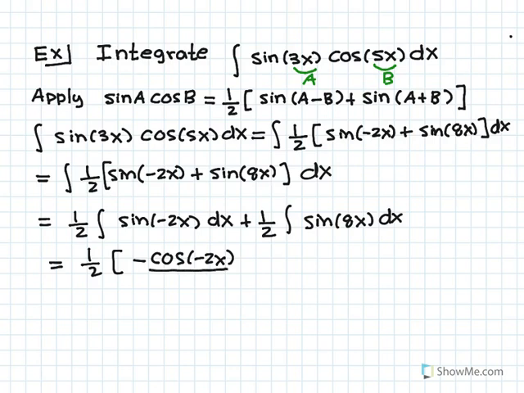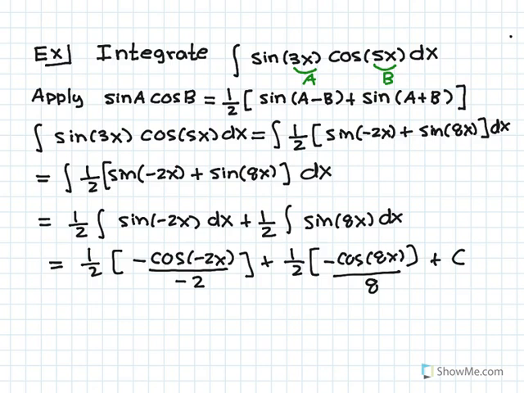We're just applying U substitution with u equal to minus 2x. So divide by minus 2. Plus 1/2 integral of sine of 8x, that's going to be minus cos of 8x, divide by 8. In the second integral, we're letting u be equal to 8x, and du is 8 dx, but because this is very easy, we're just doing that mentally.